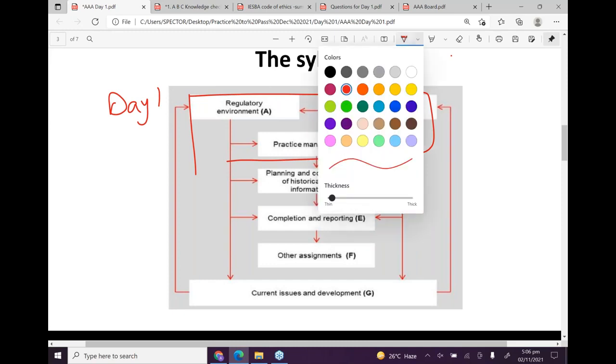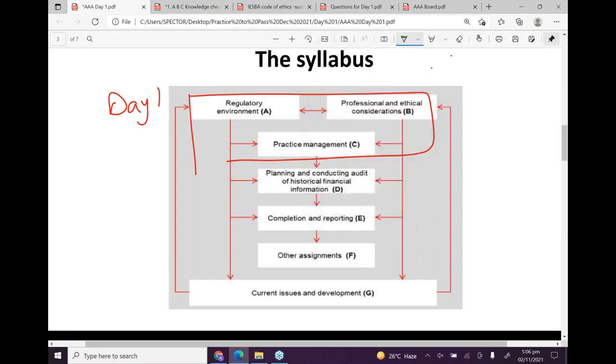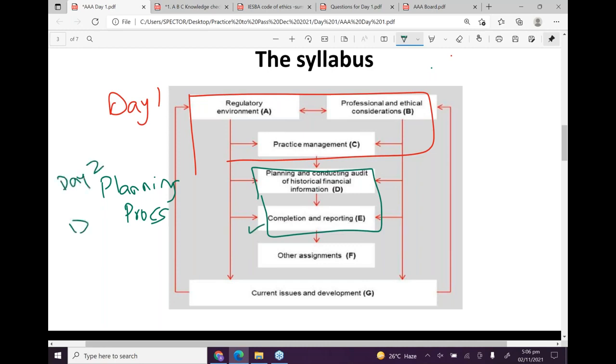We then have in the syllabus external audit. So we have the planning stage, we have procedures and evidence, and then subsequently we have completion and reporting. Tomorrow we're going to cover planning, day 3 is procedures, and day 4 is completion and reporting.